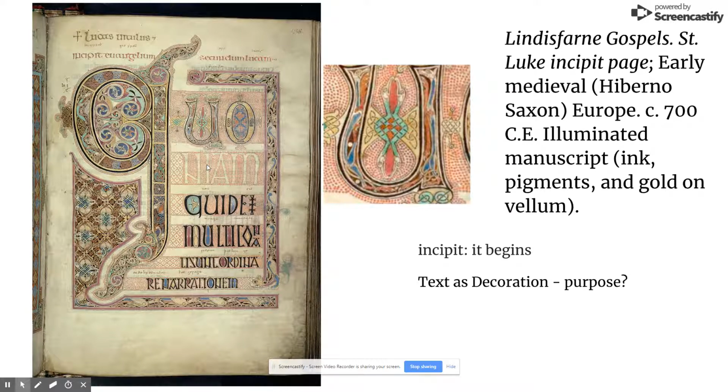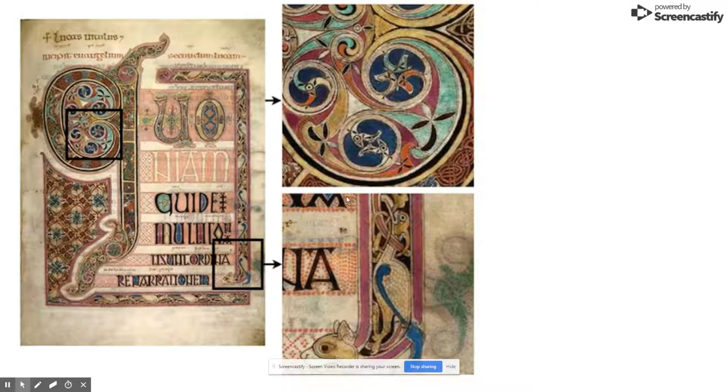What's of great note, what I like here, is that we have this word here, NIAM, but it's created not with ink but with negative space. We have these little tiny red dots all around, and it's the negative space where the red dots are not that creates the words here. Okay, so let's look for the animal motifs since we really like those.